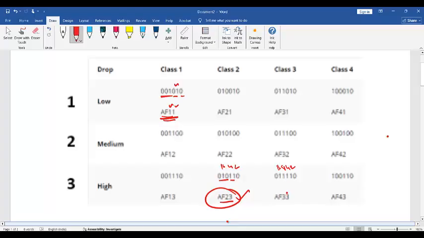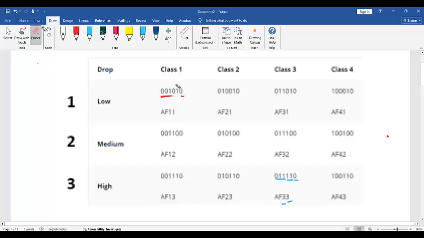What do you get? 30. But here it is 33. So, how to read it is, as I showed you, the last bit is always 0. Ignore. This one is 3. This is another 3. Okay. Now you know how to read this.